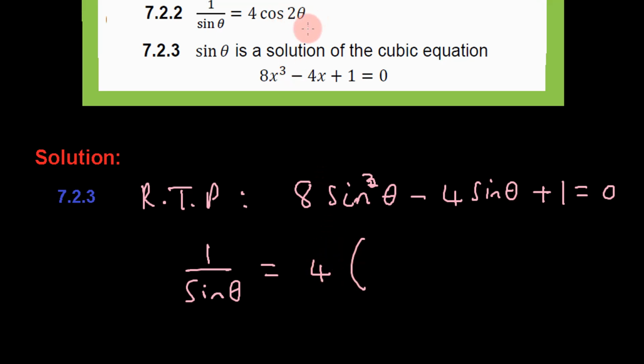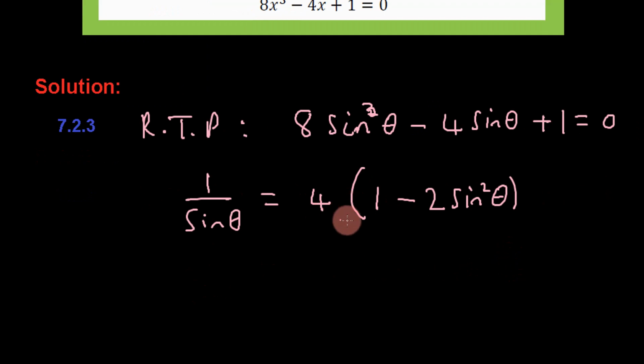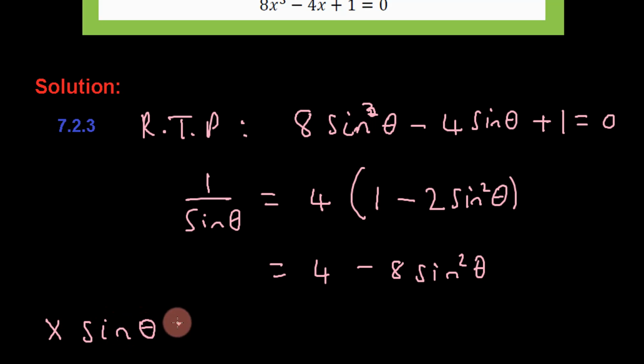So we know that cos 2 theta is 1 minus twice the sine squared of theta. Now we just manipulate this so we can multiply the 4 into the brackets. We can get rid of the sine theta here, this fraction, by multiplying through by sine theta.